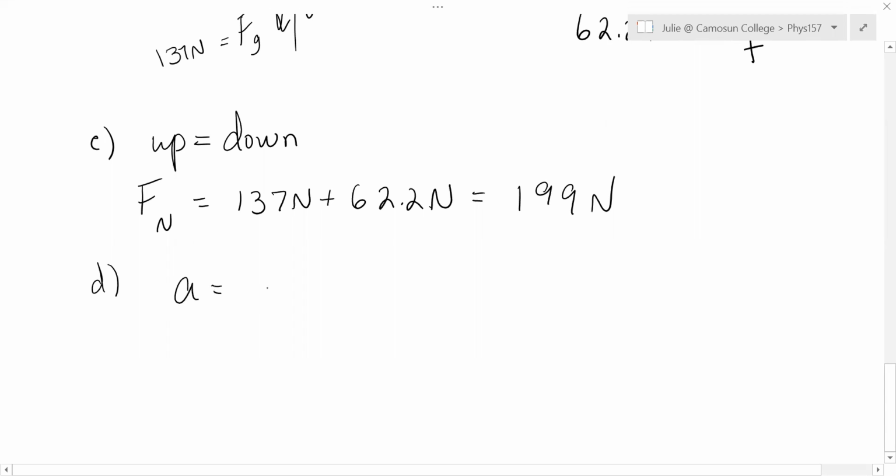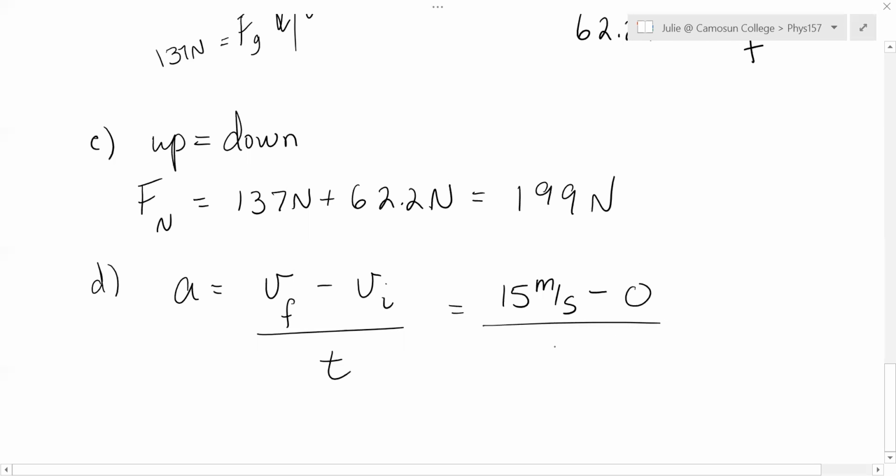The acceleration is VF minus VI over T, because VF is VI plus AT. So we have 1.5 meters per second, going from rest is 0, time of 2.5 seconds. So we need an acceleration of 0.6 meters per second squared.